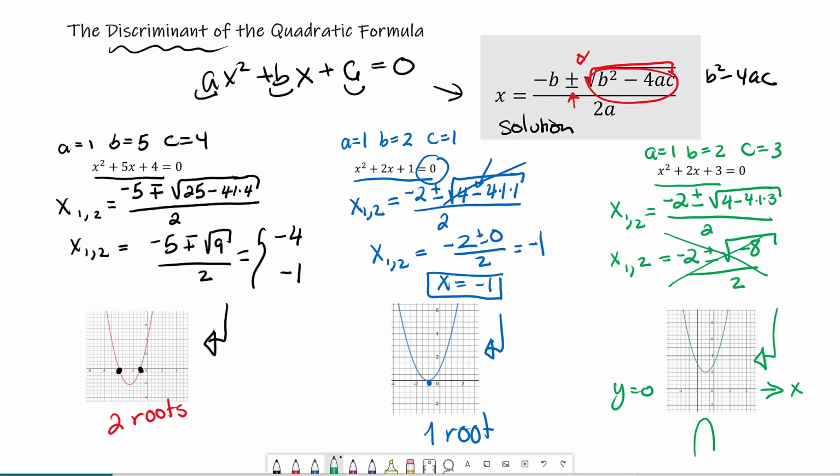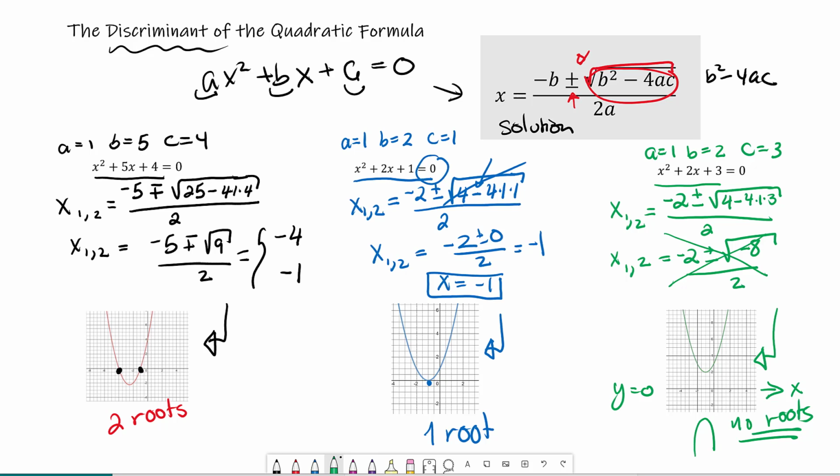This is a positive, upward-facing parabola, but we could have the inverse as well. The important thing is that at no point on the x-axis does this curve y equals x squared plus 2x plus 3 ever intersect the x-axis. So in this case, there are no roots. So no solutions for the quadratic equation x squared plus 2x plus 3 equals 0.